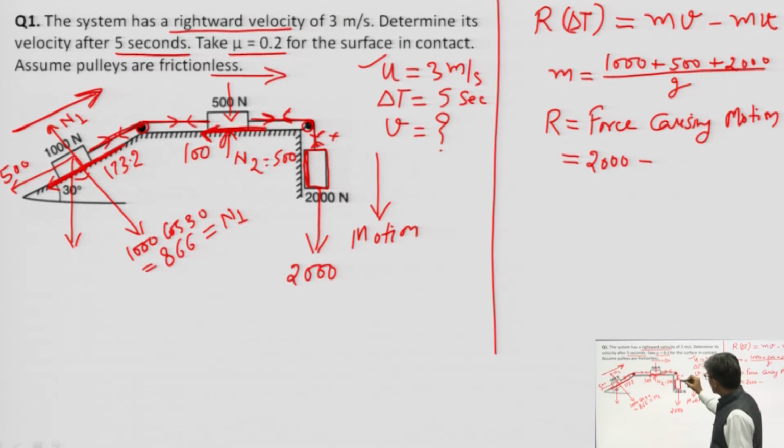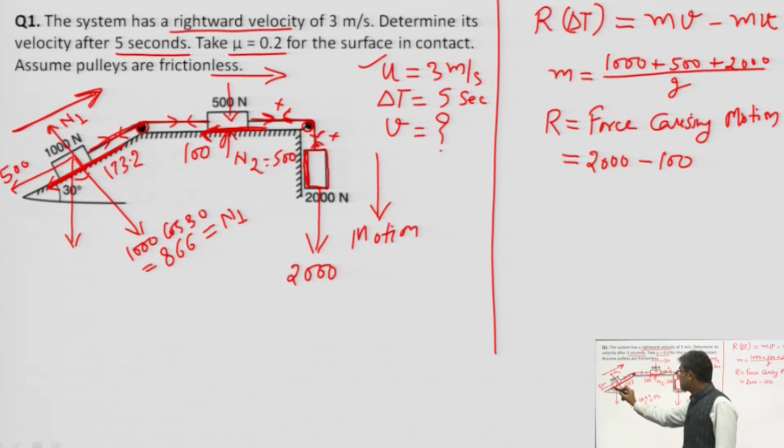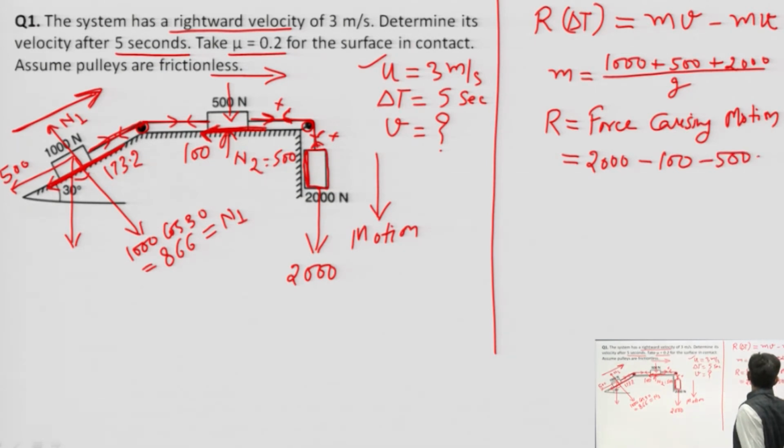We are not going to take this one, we will consider this, this is 100, and for this block, it is minus sign we have taken. So, minus 500, minus 173.2. So, this is the value of the force causing motion, right.